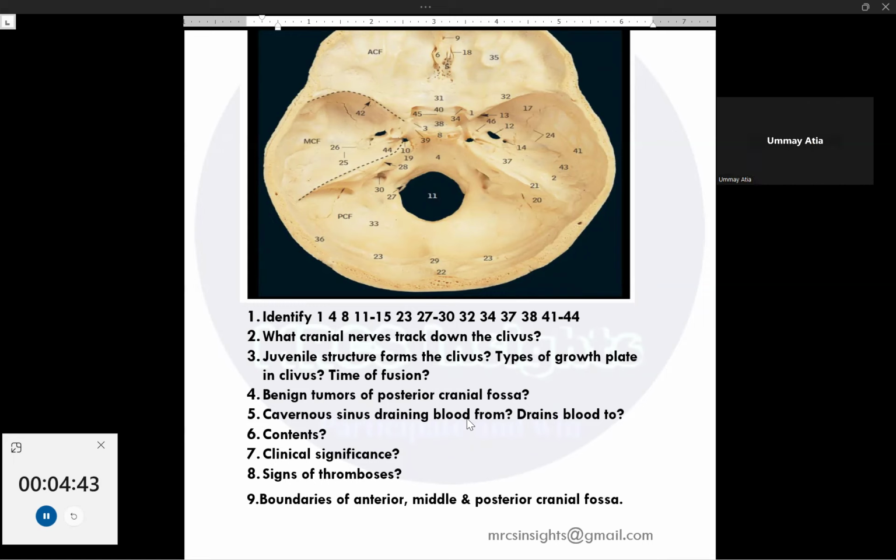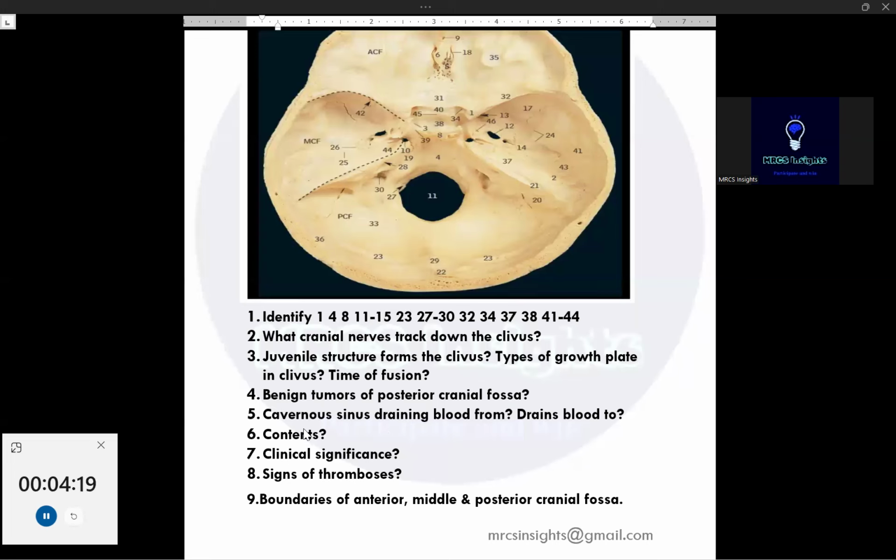There may be medulloblastoma or glioma. And also acoustic neuroma, ependymoma. Okay.